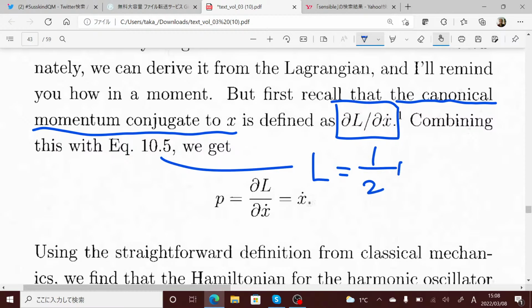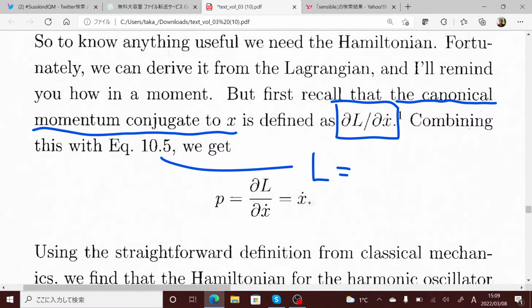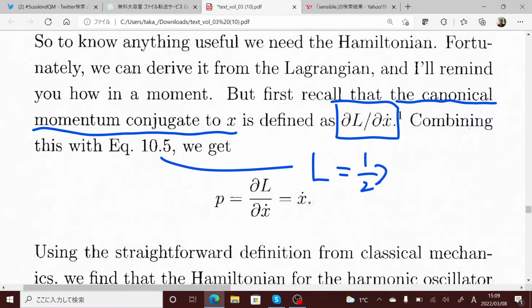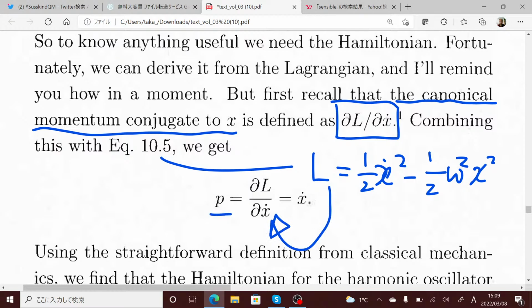I think this is wrong. It goes like this: the Lagrangian was 1 half x dot squared minus 1 half omega squared x squared. Then we plug this into this equation and obtain p equals x dot.